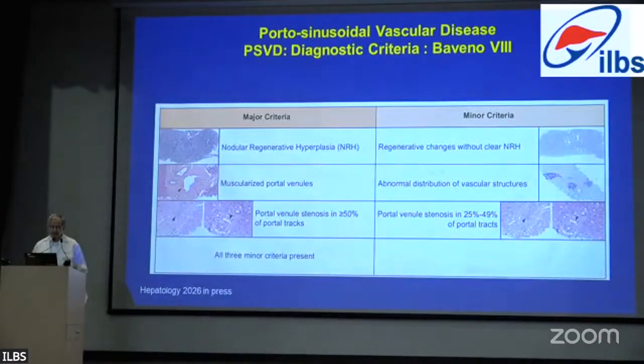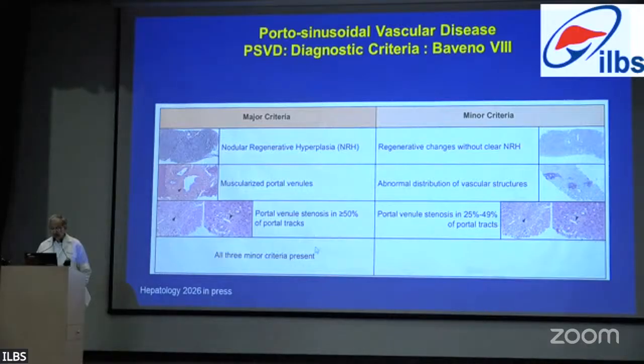So now let me bring you what this paper in press is showing, portosinusoidal vascular disease, the diagnostic criteria. The classical criteria which were there have been changed. The term NRH, which we rarely see, they have changed the portal venule to a muscularized portal venule. It means there are some muscles which would not normally be seen in a needle biopsy.